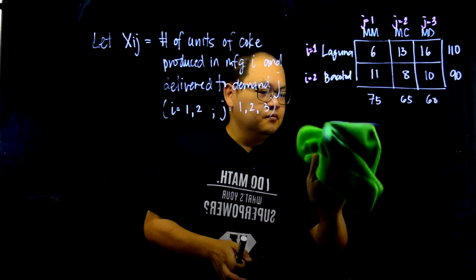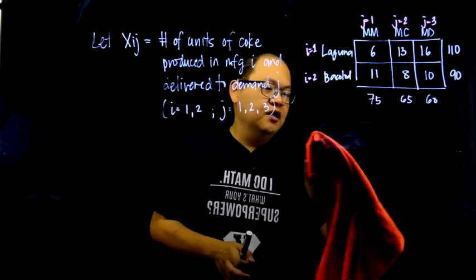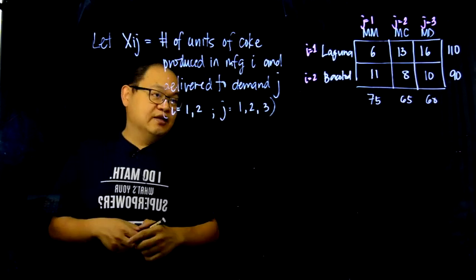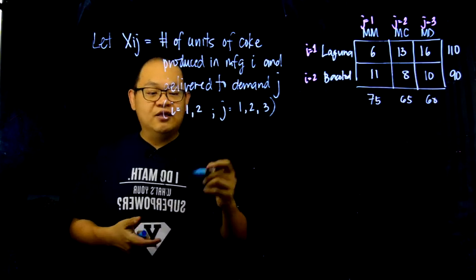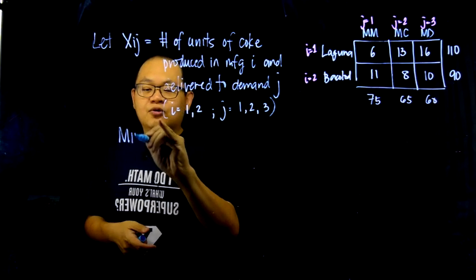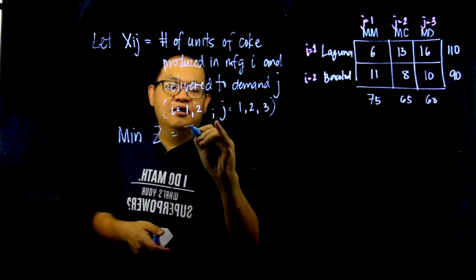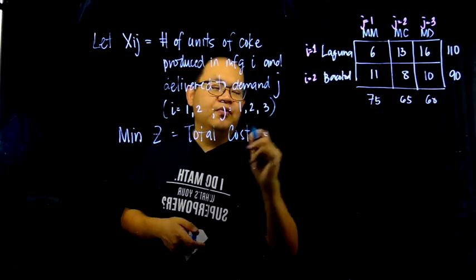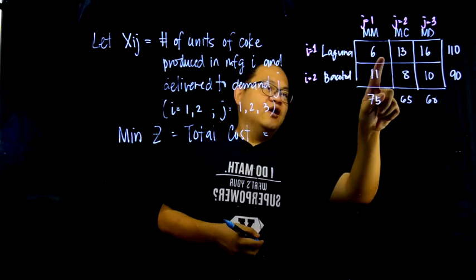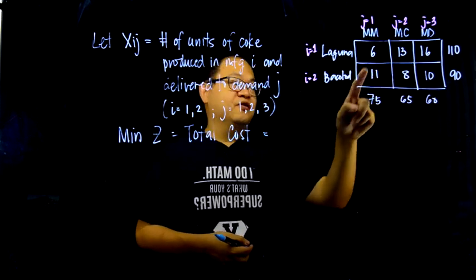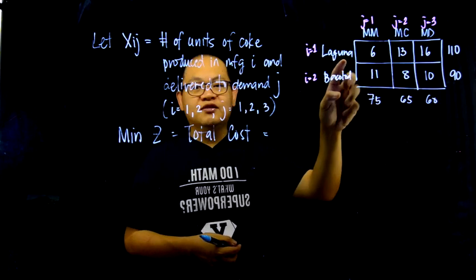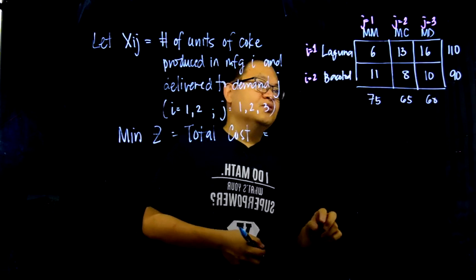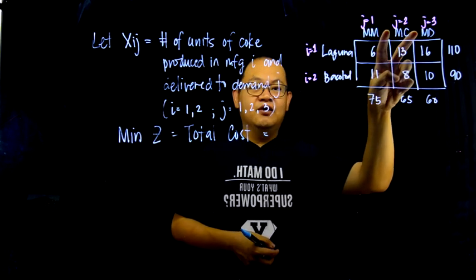Now, what about our objective? Our objective, I think, is very obvious. We'd like to minimize our total cost. And what is our total cost function equal to? As you can see, what we have here are the individual costs, or the variable costs, of sending units from a manufacturing center, i equals 1 and 2, to a demand center, j equals 1, 2, and 3.